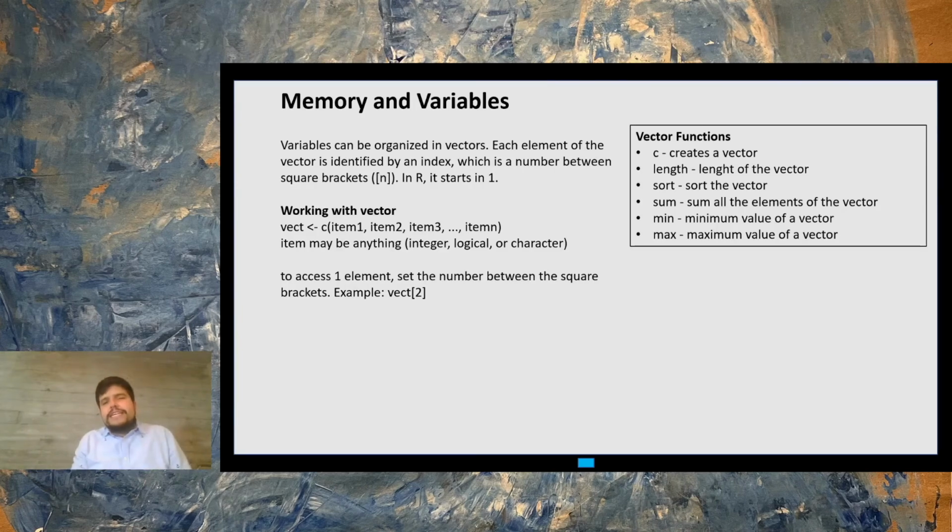Well, a vector is, simply put, a group, a set of data elements put together where the order matters. Okay? It matters which data element is first, second, third, fourth, and fifth. Which brings us to the concept of an index. Every element in our vector has an index. The first element, second element, third, fourth, fifth, and so on and so forth.